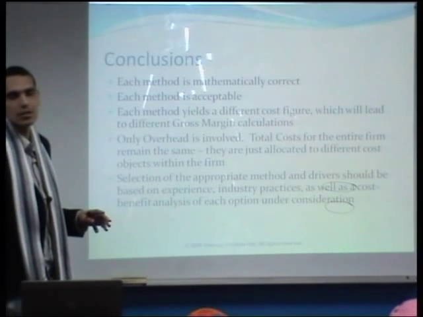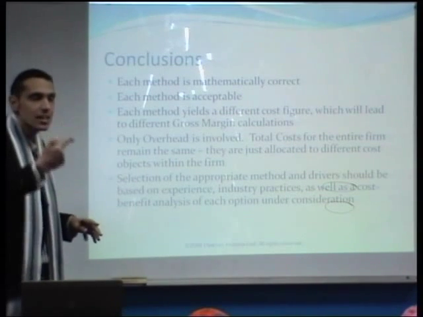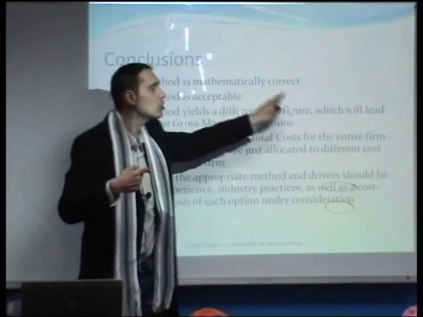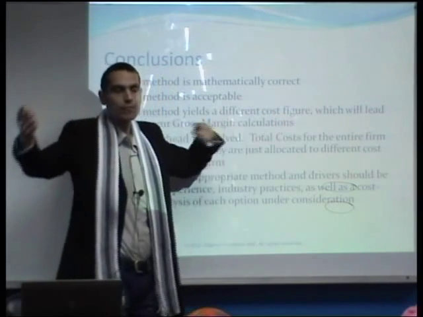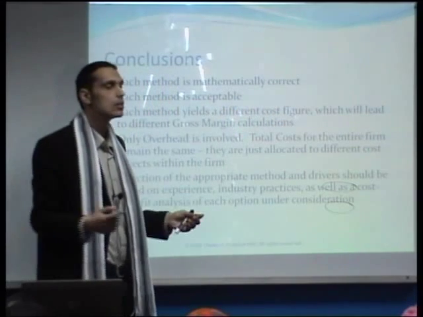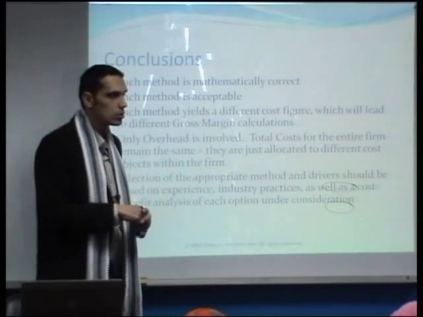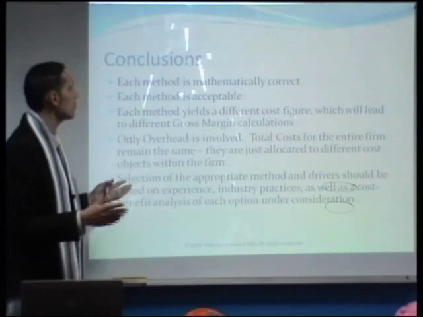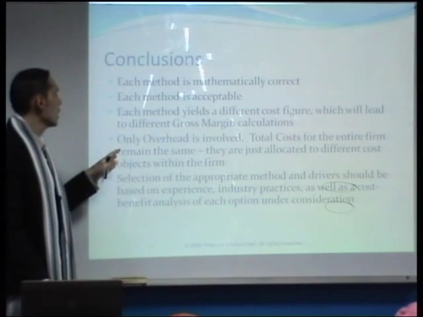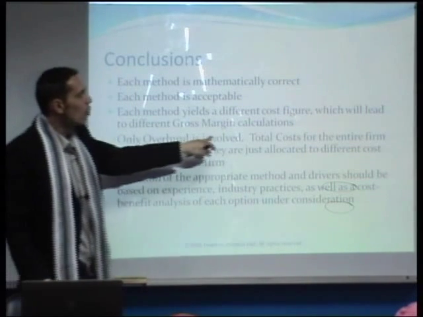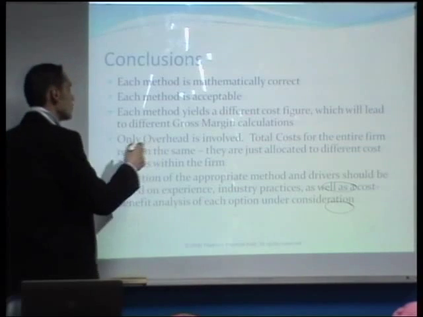The total cost will stay the same. The only difference is that the allocation onto the different products would change. Therefore, the cost of the different products would definitely change. Only overhead is involved. Why is only overhead involved?